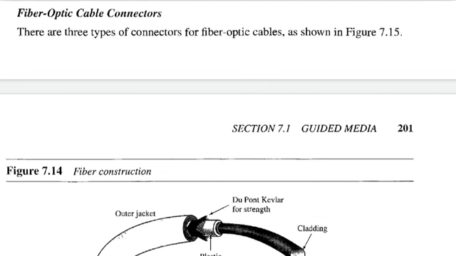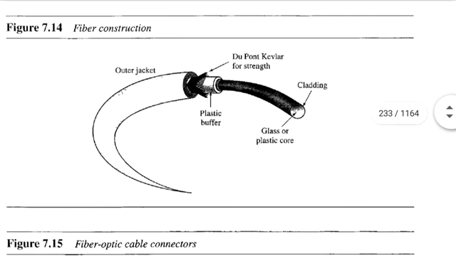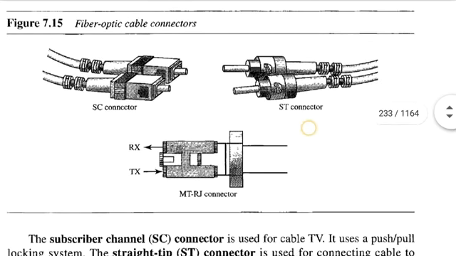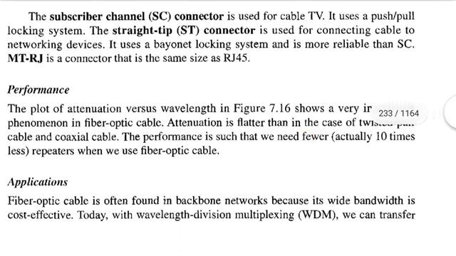Fiber optic cable connectors. There are three types of connectors for fiber optic cables: SC connector, ST connector, and MT-RJ connector. The subscriber channel connector is used for cable TV.